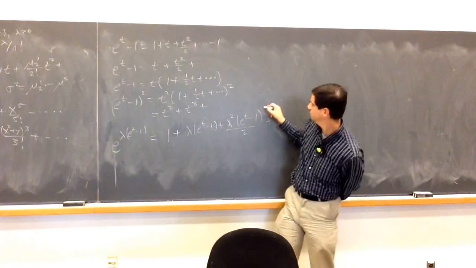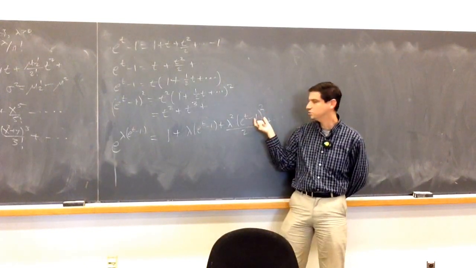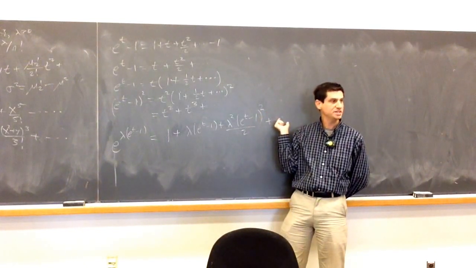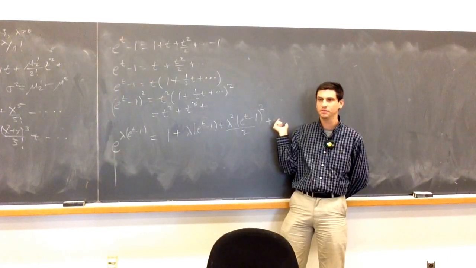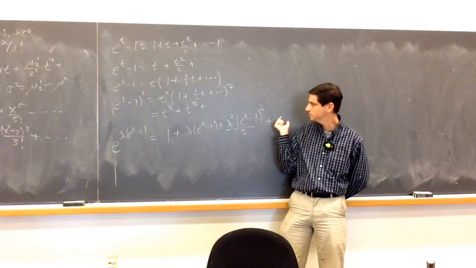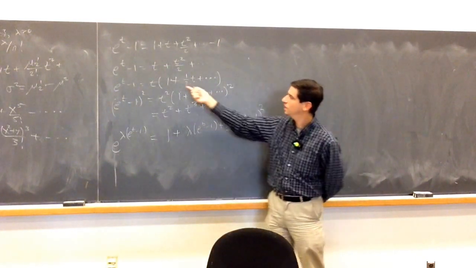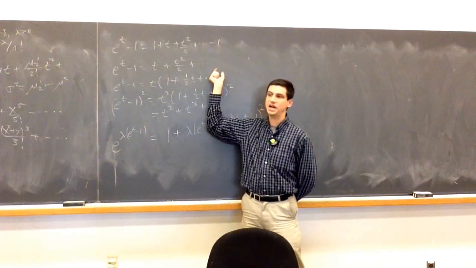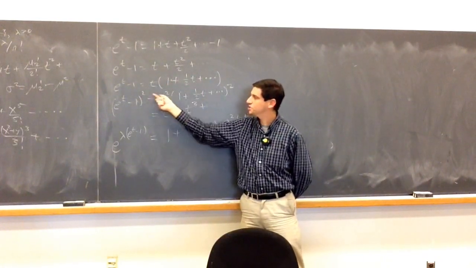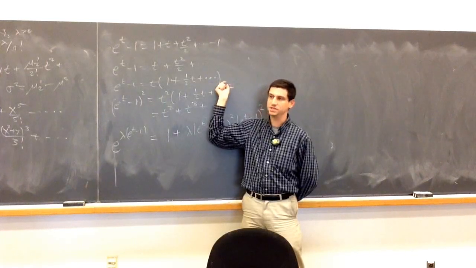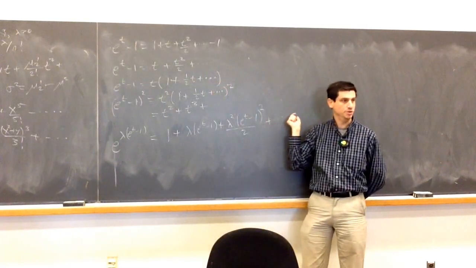I'll have (e^t - 1) cubed. So what size in t will be the next term? It'll be t to what power? Not 6. e^t - 1 is t times (1 plus higher order t). (e^t - 1) squared is t squared times (1 plus ...). So this will be t cubed.